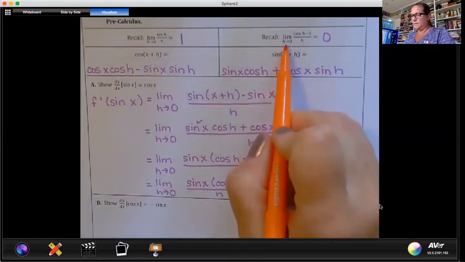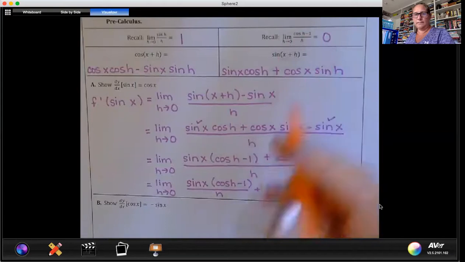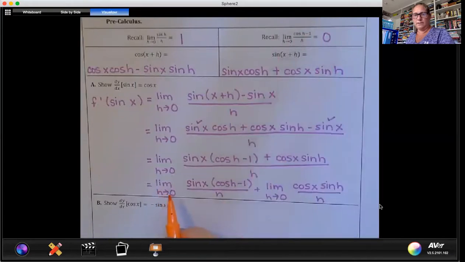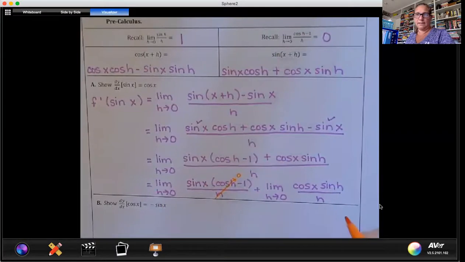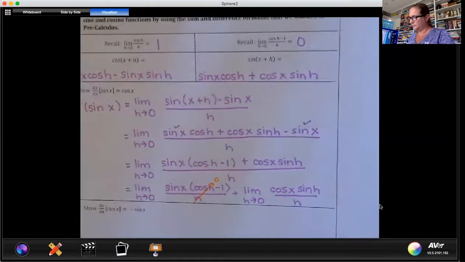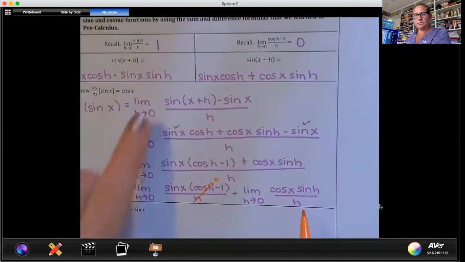The limit as h approaches 0 of cosine of h minus 1 over h is 0. And 0 times sine is 0. The limit as h approaches 0 of cosine x times sine of h over h.